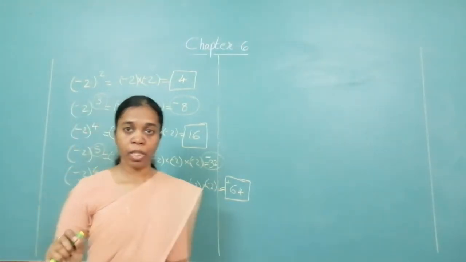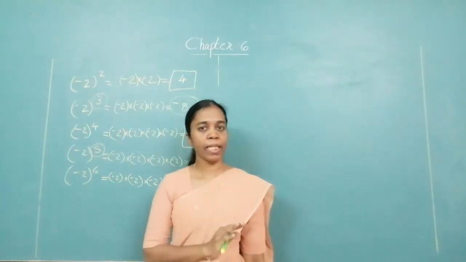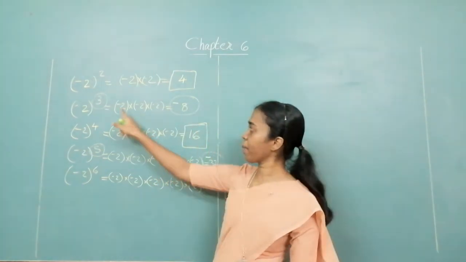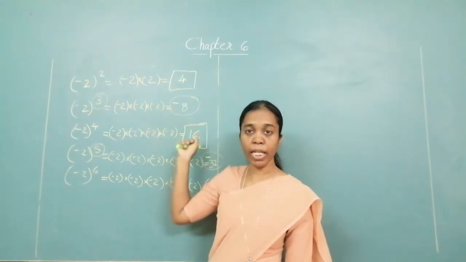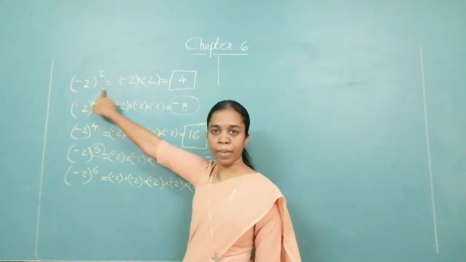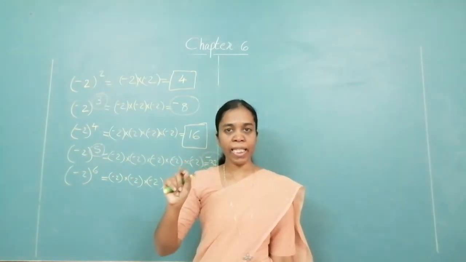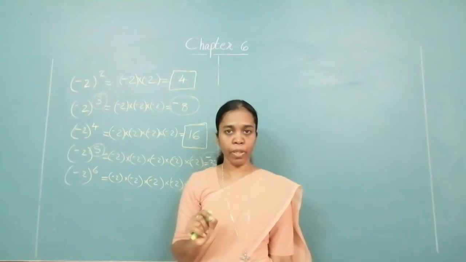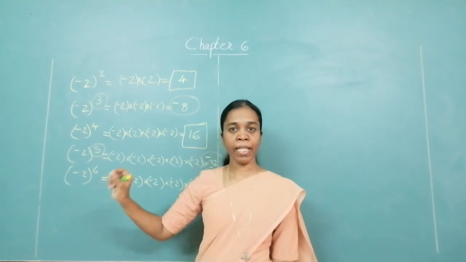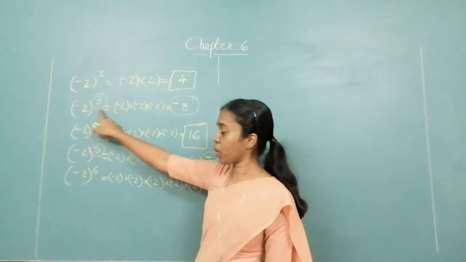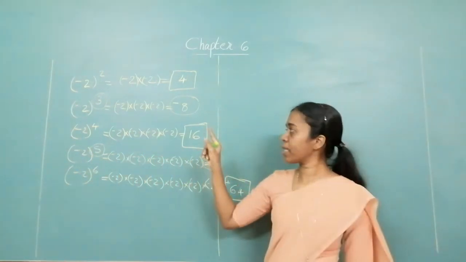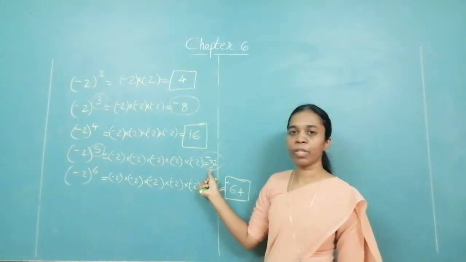So I repeat, if the base is a negative number, a negative integer, you don't have to every time multiply and check whether the answer will be positive or negative. What you have to do is look at the index. If the index is an even number, then your answer is positive. If the index is an odd number, then your answer is a negative integer.